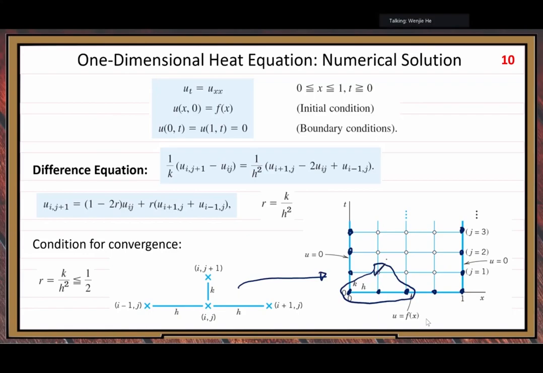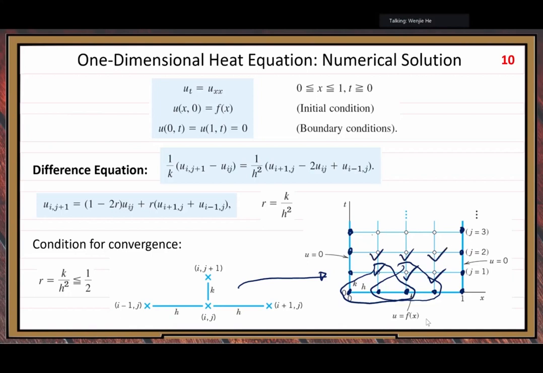After we apply the stencil the first time, this point becomes known. Then another run: can we apply the stencil on this local area, now that this value is known? Then we do things like that.